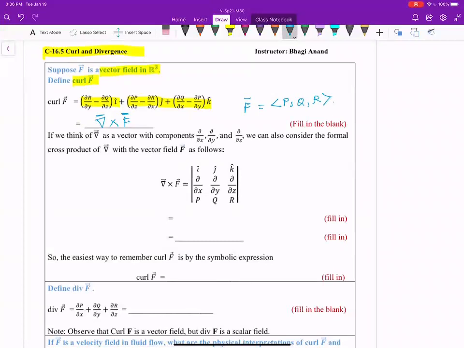So let's see how we get del cross F in the yellow highlighted way as a big expression like that.